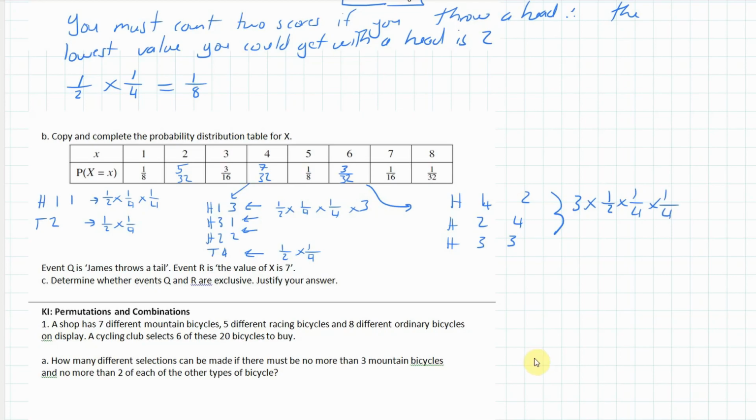Now the last part of this question is, event Q is James throws a tail, event R is the value of x is 7, and we've got to determine whether Q and R are exclusive. And the answer is yes, they are exclusive, and the reason for this is there is no way you can get both of those together.